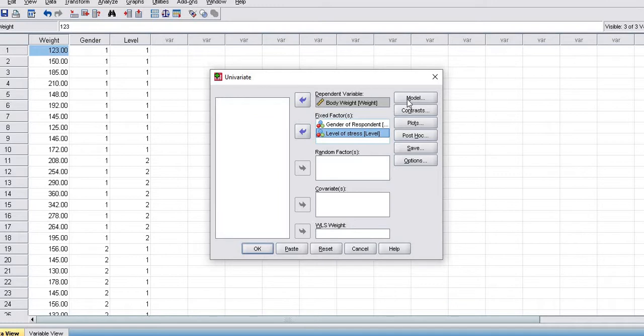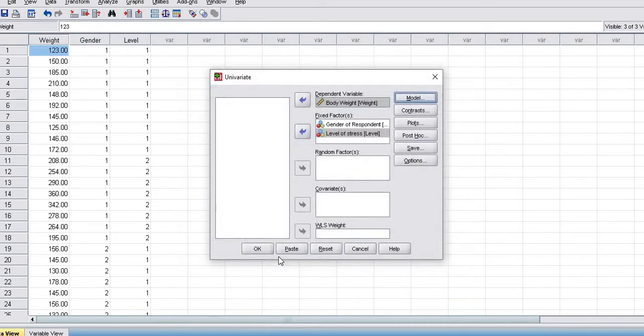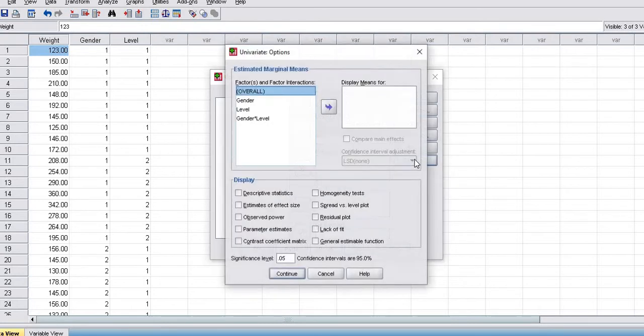Now click model. It is a factorial experiment, so continue, and options.